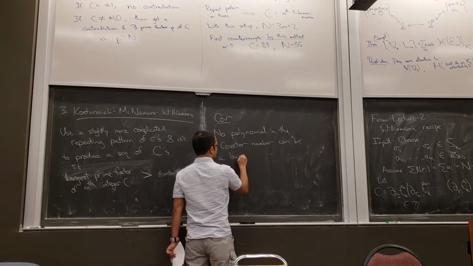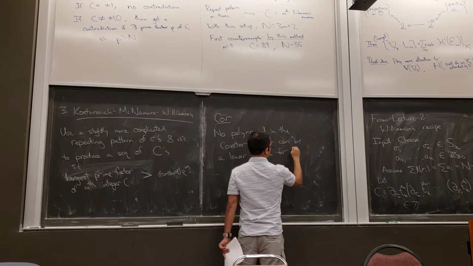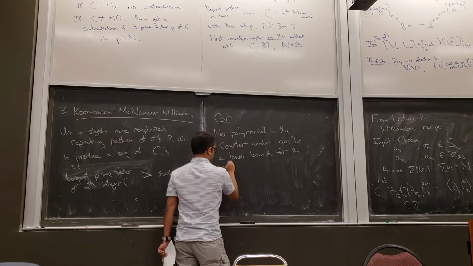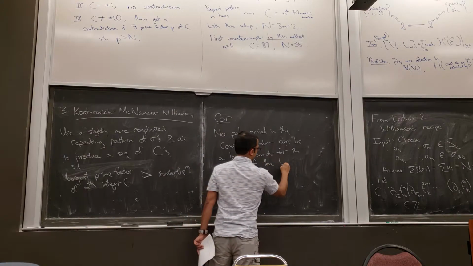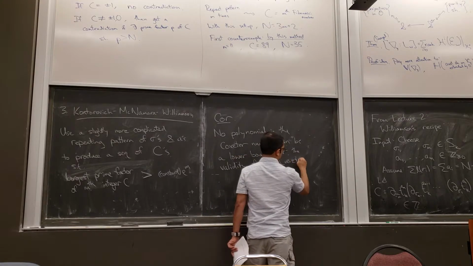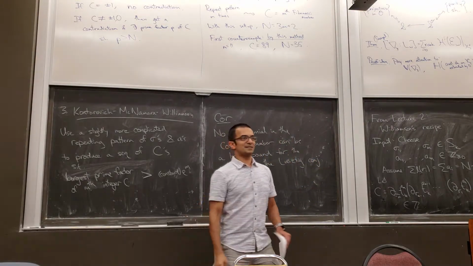No polynomial in the Coxeter number can be a lower bound for the validity of the Lusztig conjecture. Okay, so I'll stop there.